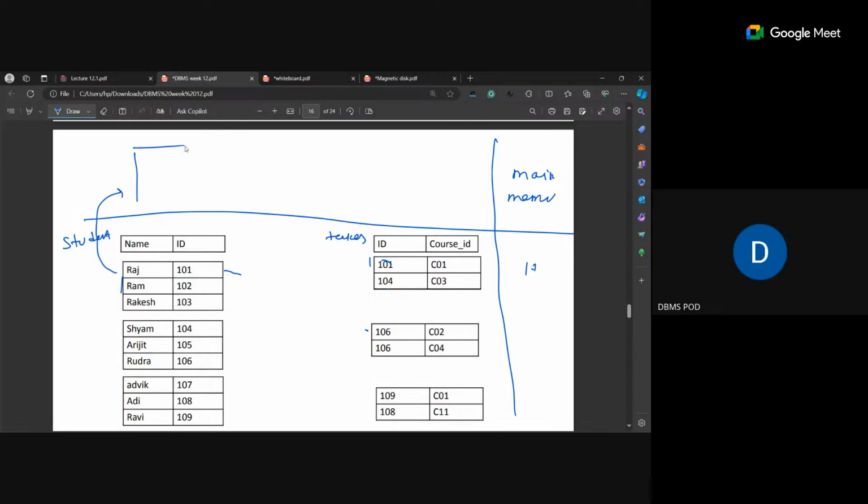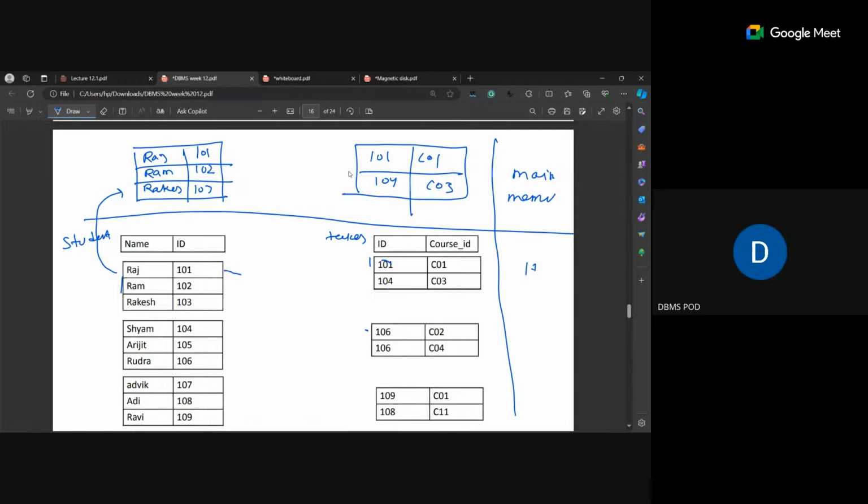Suppose this is Raj, this is Ram, and this is Rakesh: 101, 102, 103. And suppose this is 101, C01, 104, C03. First, this tuple Raj 101 will be checked with this tuple. If it matches, it will add to the result.